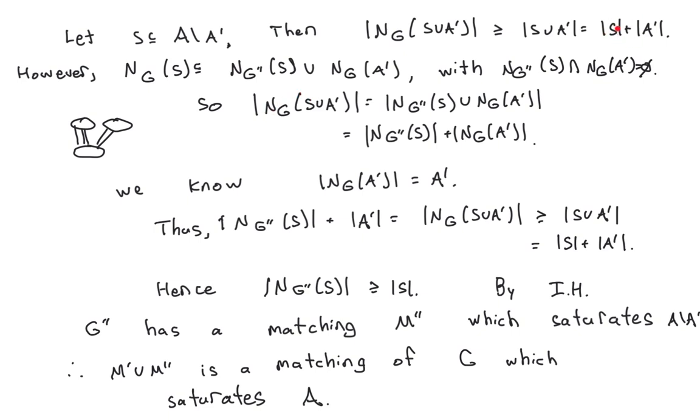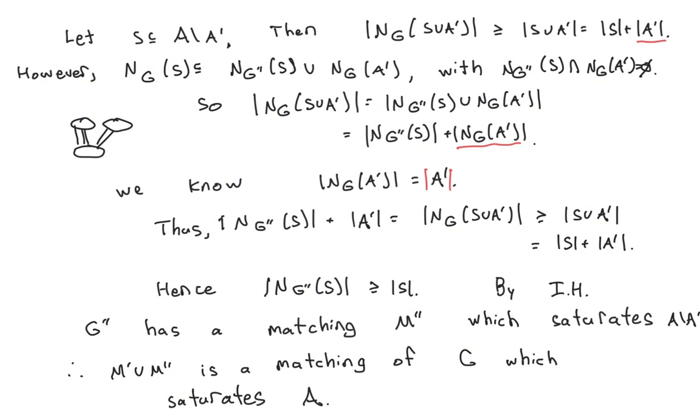One with an upper bound, that it's at most the size of S plus the size of A prime. But we've also shown it's equal to the sum of the sizes of these two neighborhoods. And the main point is that the term on the right-hand side of these two sums is the same number by choice of A prime.